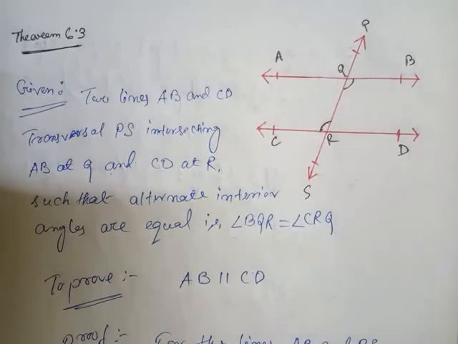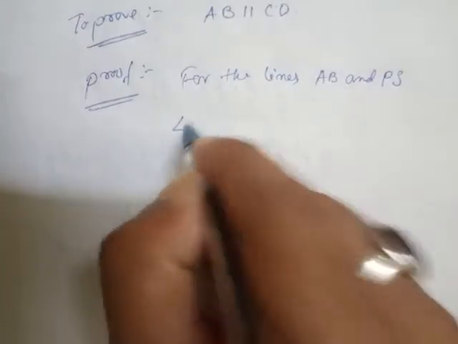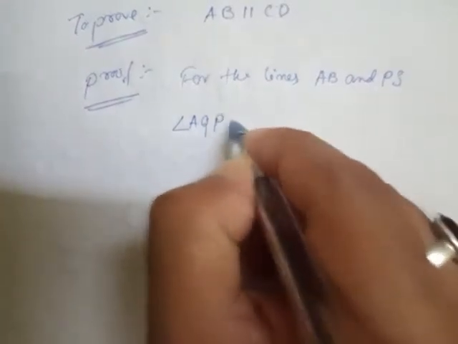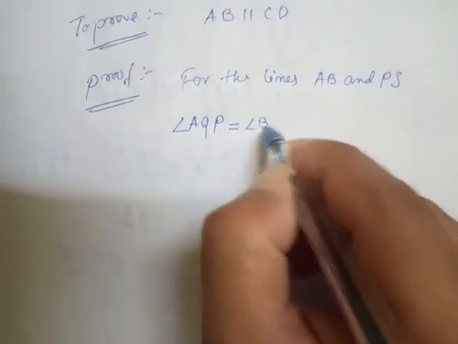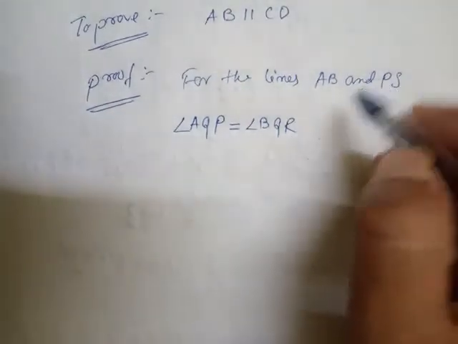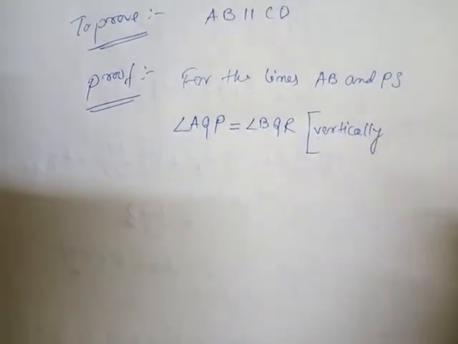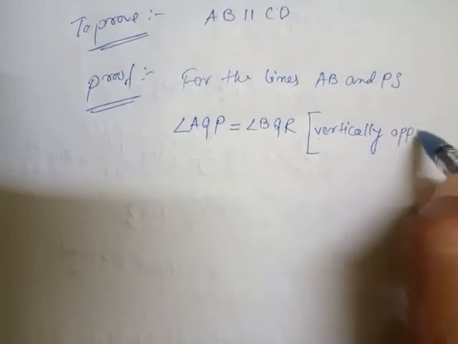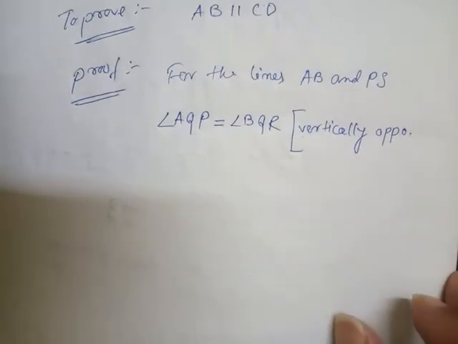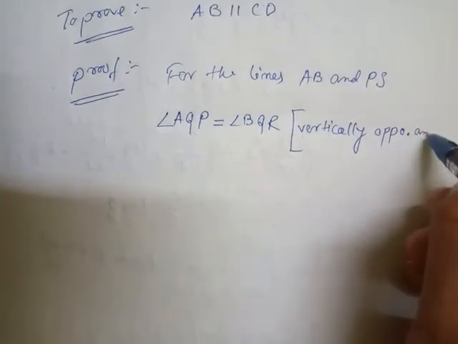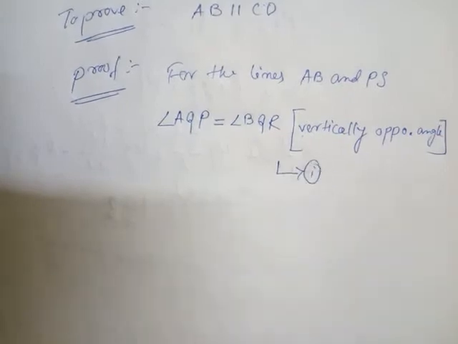These two angles are vertically opposite angles. So after that we'll write here now angle AQP equal to angle BQR, and this is vertically opposite angles. This is our first equation.